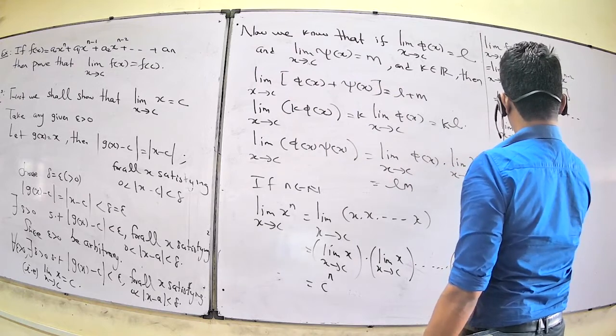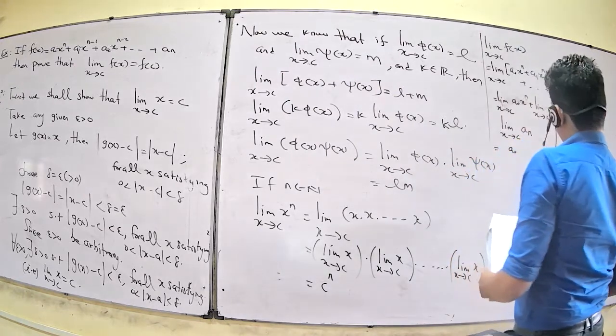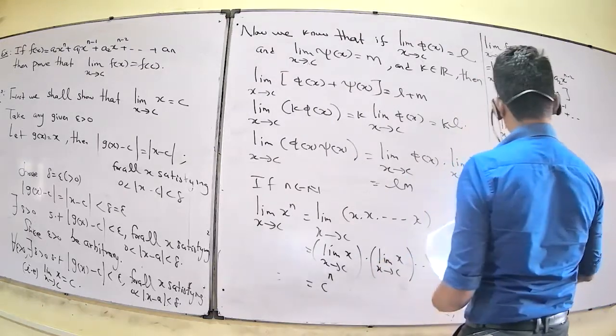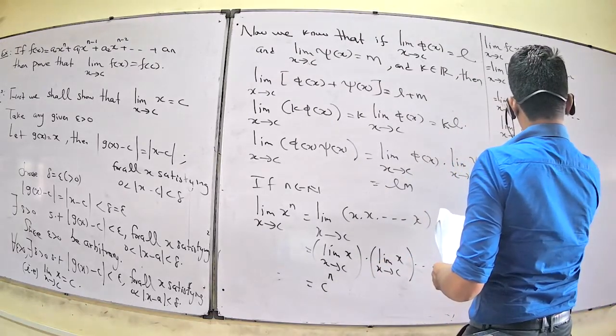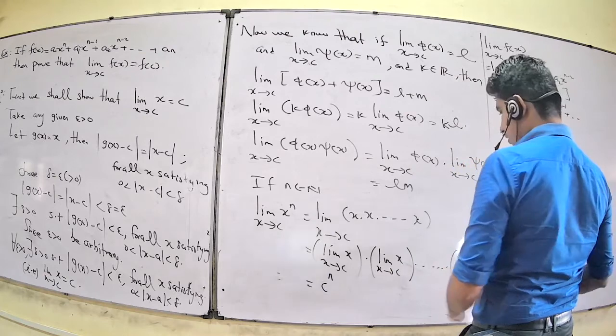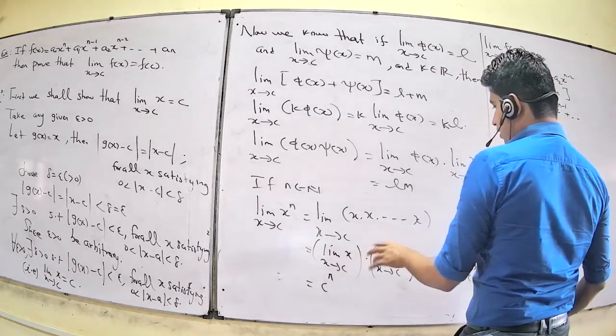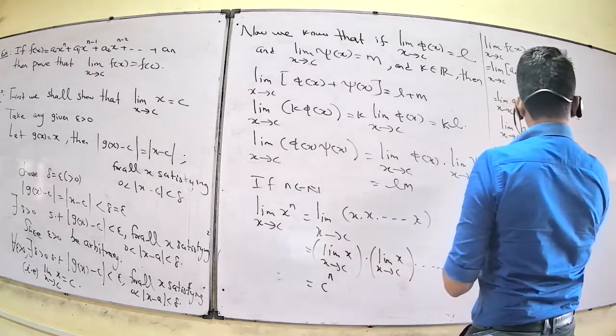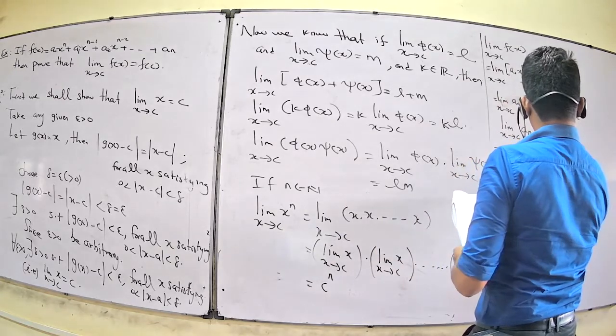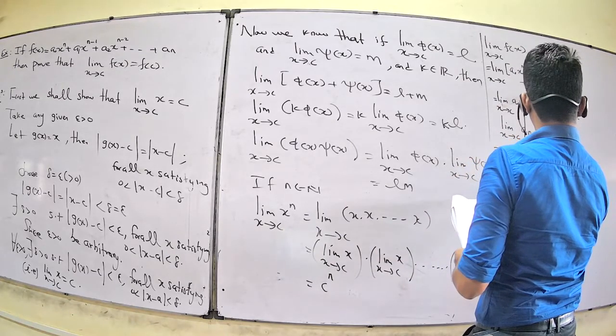This limit is a naught times c to the power n. What is the value of this one? a1 c^(n minus 1), and so on. Last term should be an.